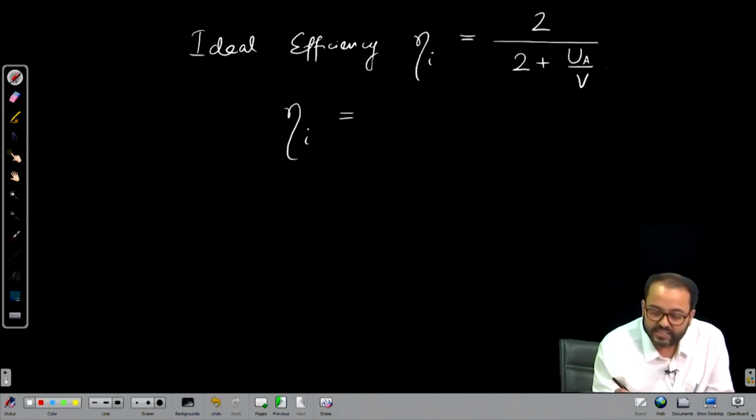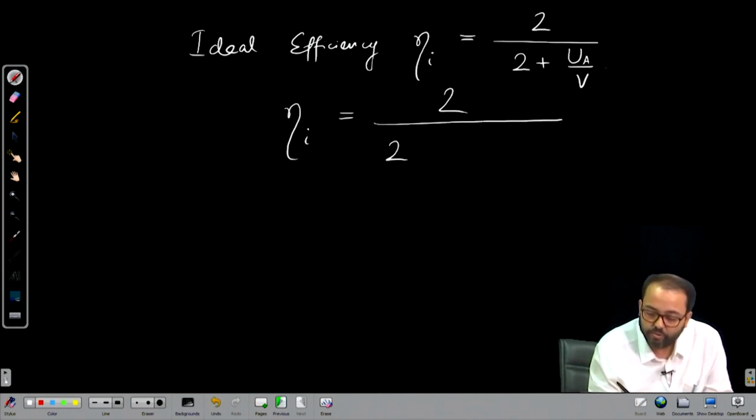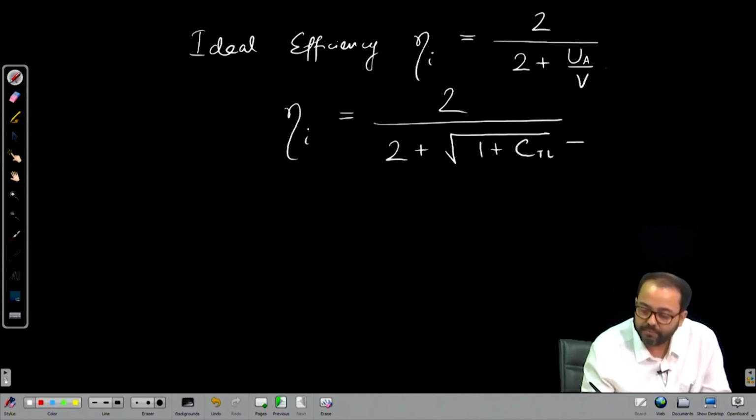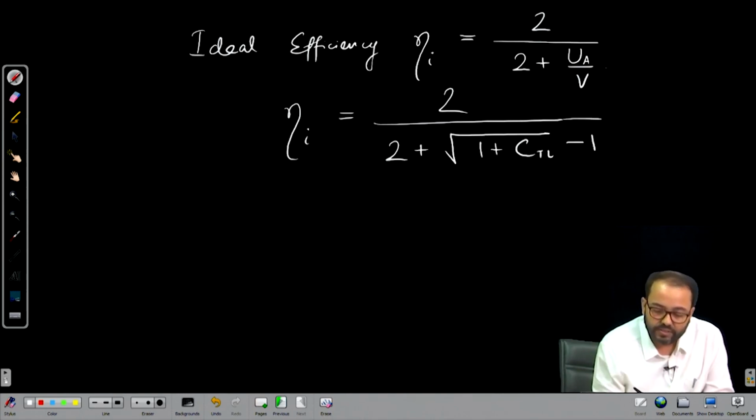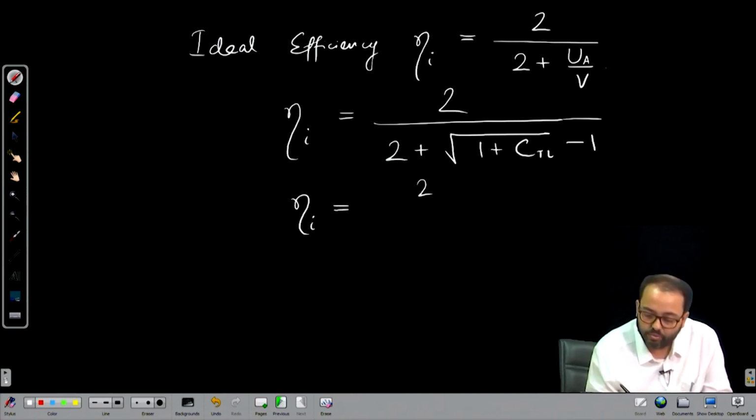So, we can write it as 2 by 2 plus root over 1 plus CTL minus 1. So, your ideal efficiency becomes 2 by 1 plus root over 1 plus CTL.